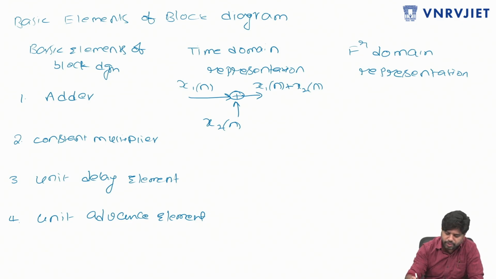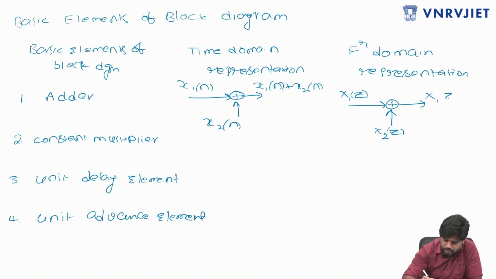Similarly, in the frequency domain representation, the representation of the x of n signal will be x of z. So x1 of z is the first signal and the second signal will be x2 of z. If these two signals are added, it will give you x1 of z plus x2 of z. So this is the output in the frequency domain representation. Next, the constant multiplier.